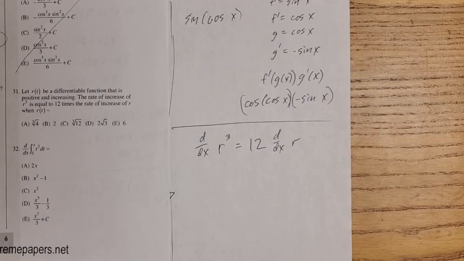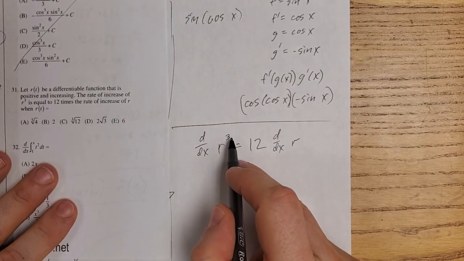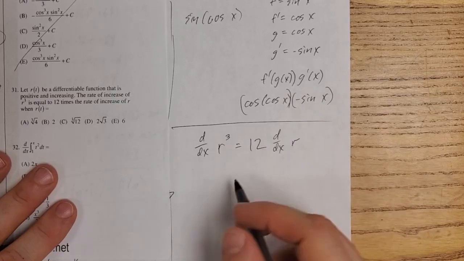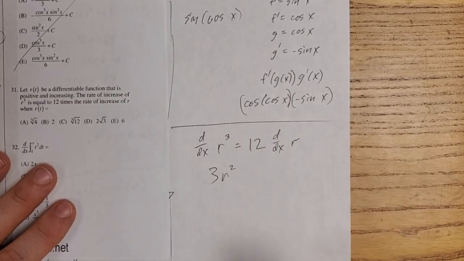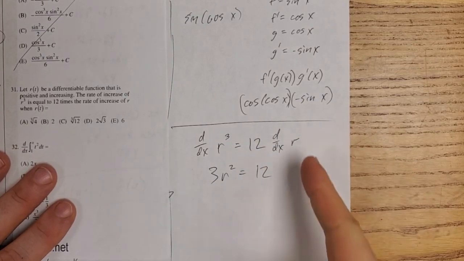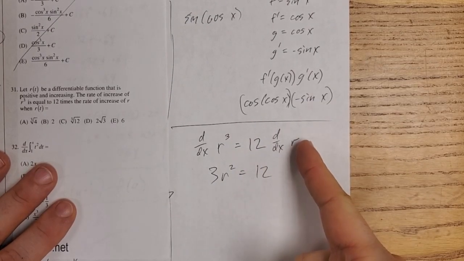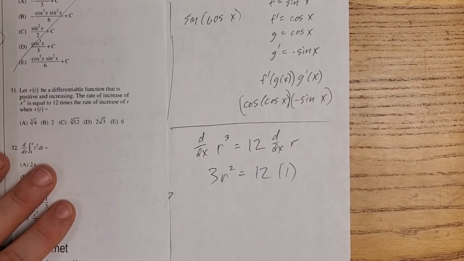r. So what is the derivative of r cubed? Just do power rule. Bring the 3 down, subtract 1, and that would be 12. What's the derivative of r by itself? It's just 1.